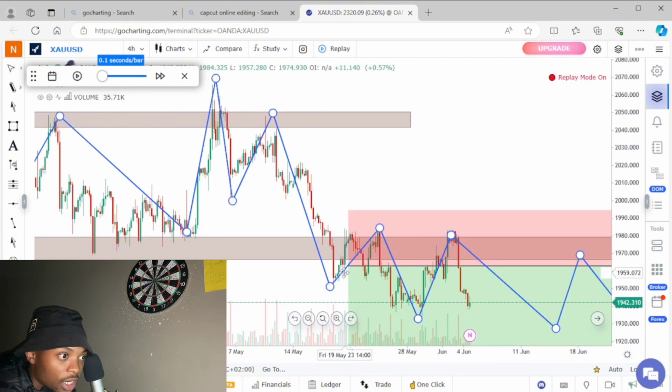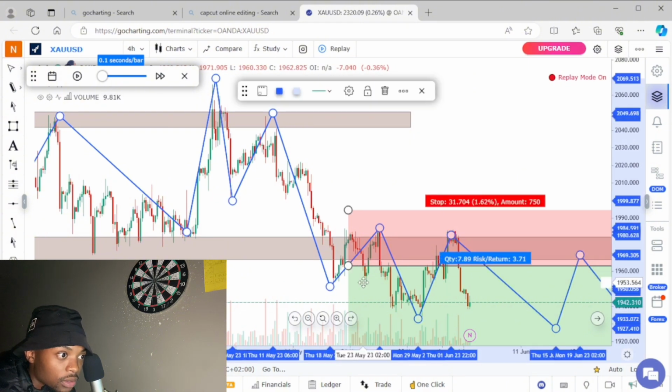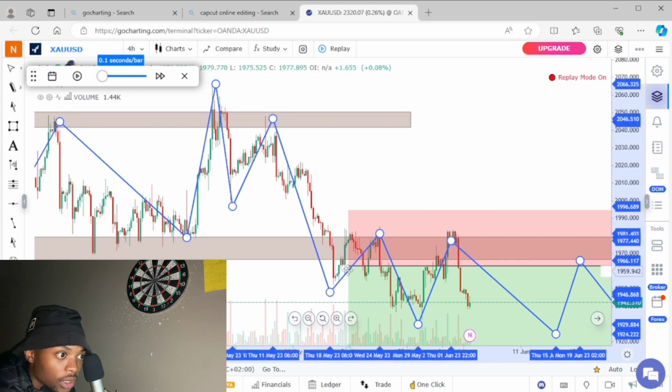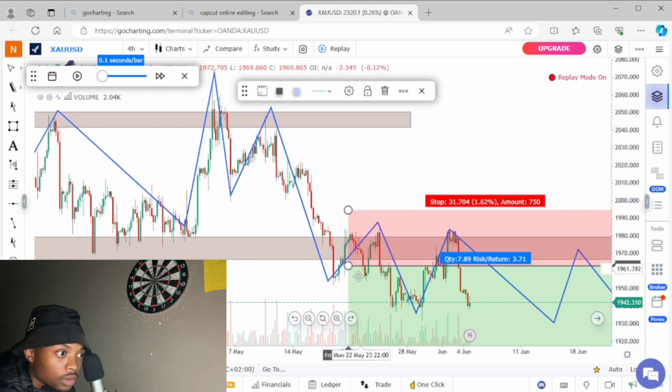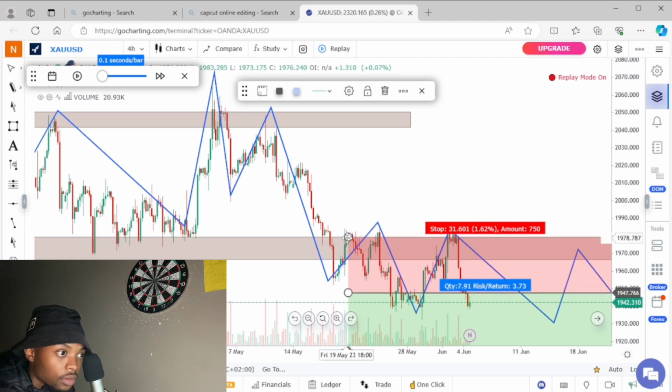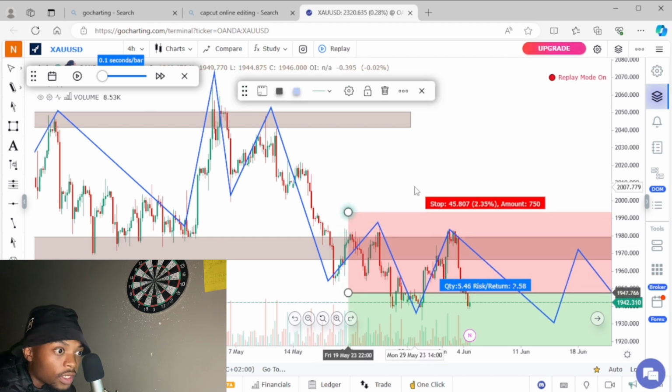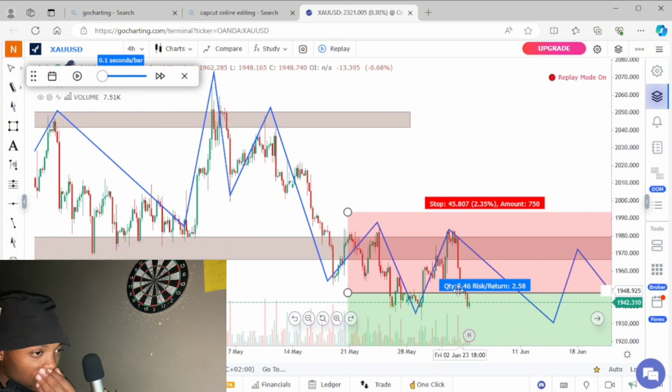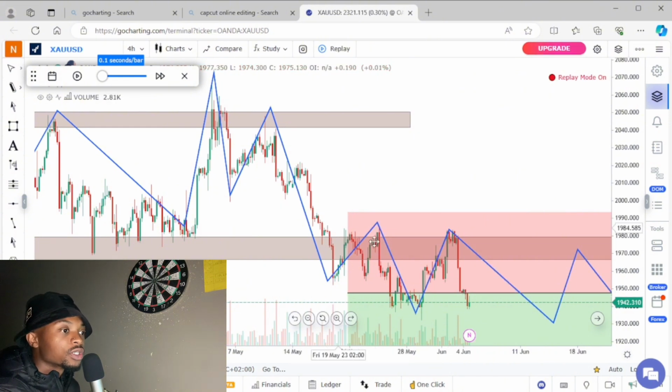So let's say around about this candle right here, this is where we would have entered our trade, right? And then remember, we always place our stop loss above.